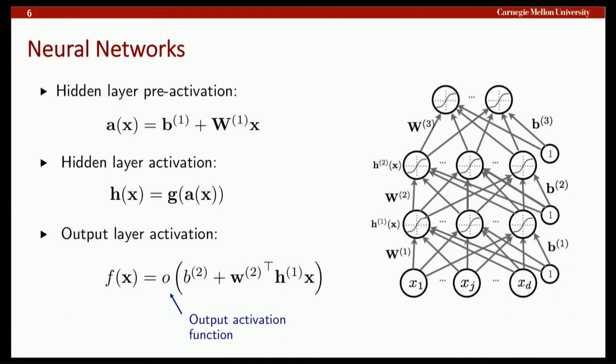At the end, we're going to have an output layer activation function. So o here is going to be the output activation function. Depending on what we're trying to model, if we're doing regression, then maybe the output activation function is going to be the identity. Or if we're trying to do classification, the output function might be a softmax function.